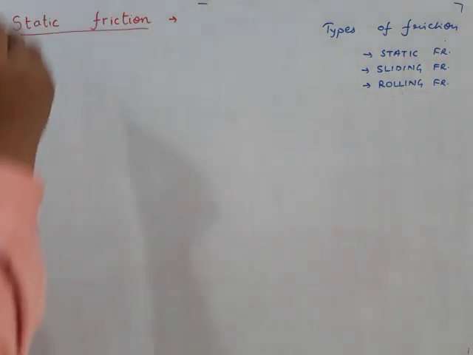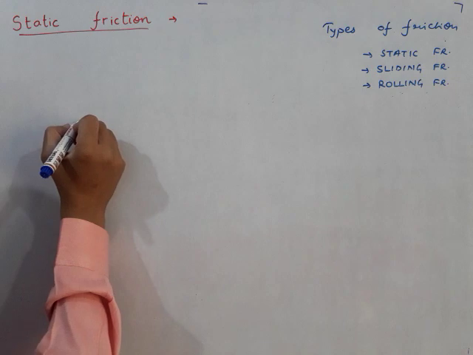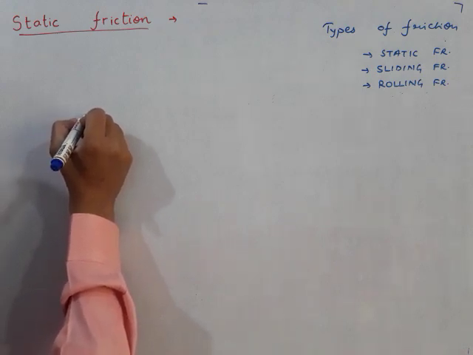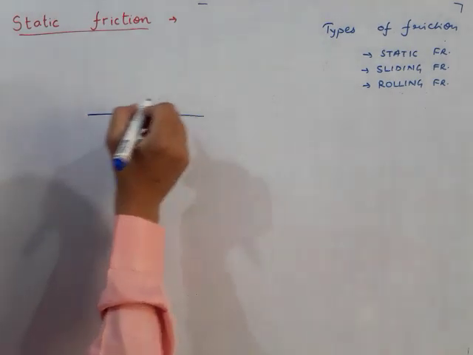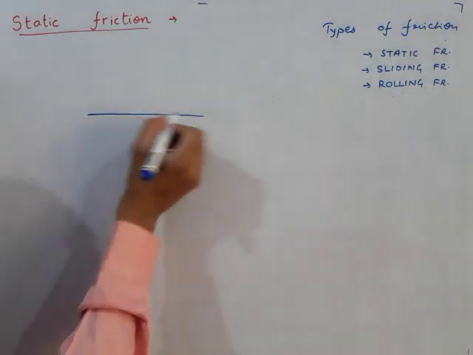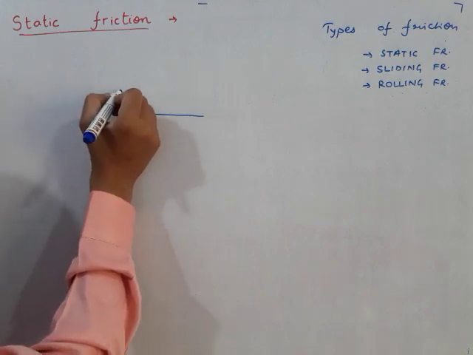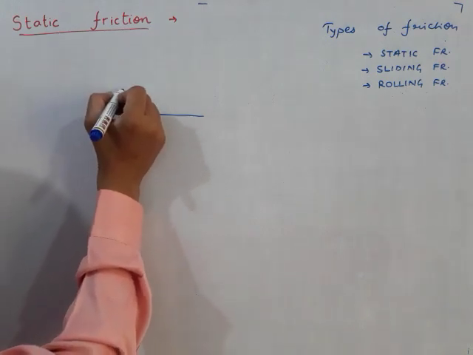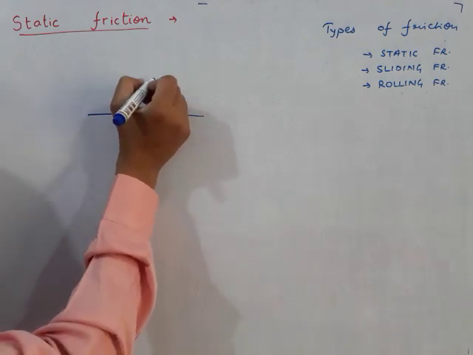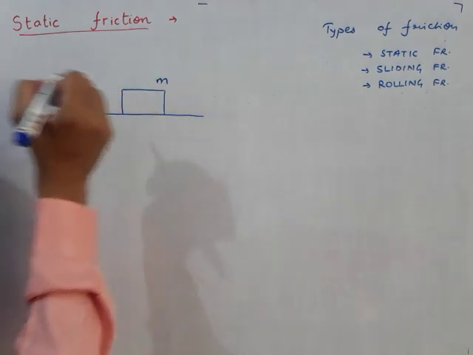Supposing there is a table or there is a surface, some kind of surface, and on this surface there is an object. This object has some mass, say small m.